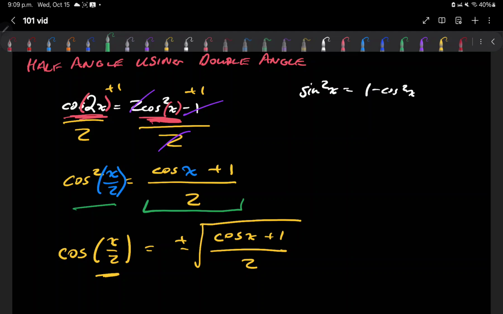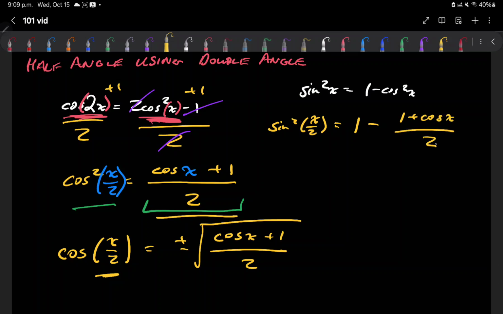So we can write sine squared of half of x is equal to 1 minus all of this. That gives us 1 minus 1 plus cos x all over 2. We can write this all over a common denominator.